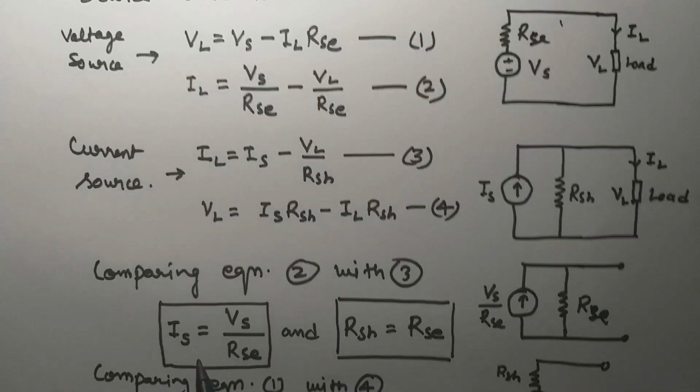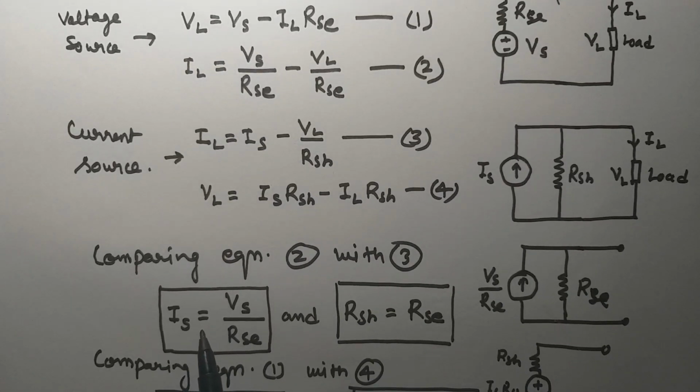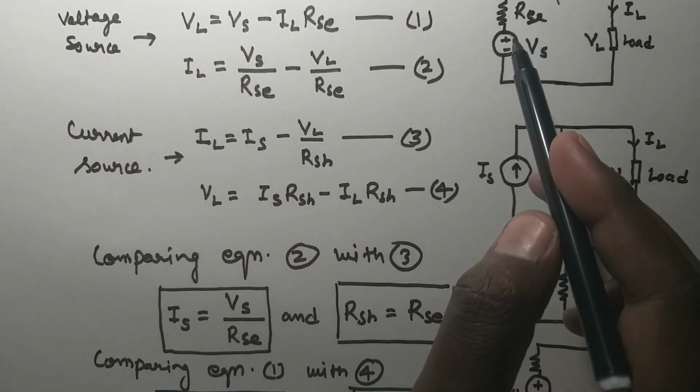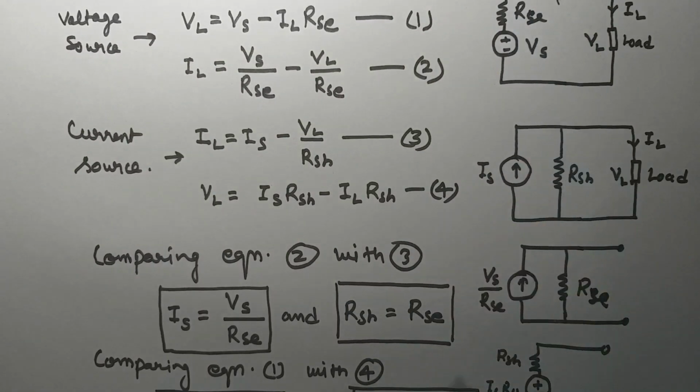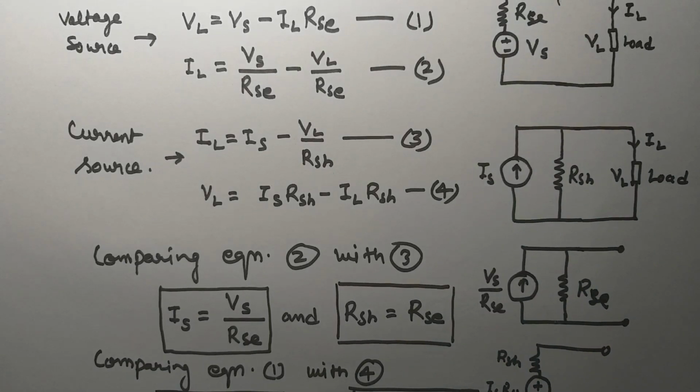So we found that Is is equal to Vs upon Rse, meaning the source current value of the equivalent current source is equal to Vs upon Rse, and the shunt resistance is equal to Rse, the resistance which was originally the series resistance. So both the resistances are equal.